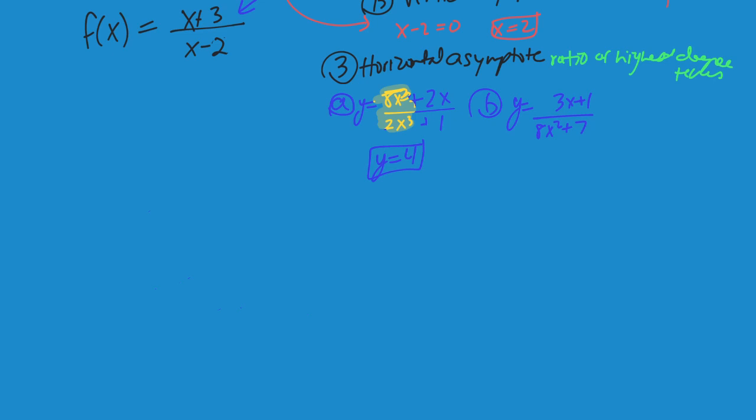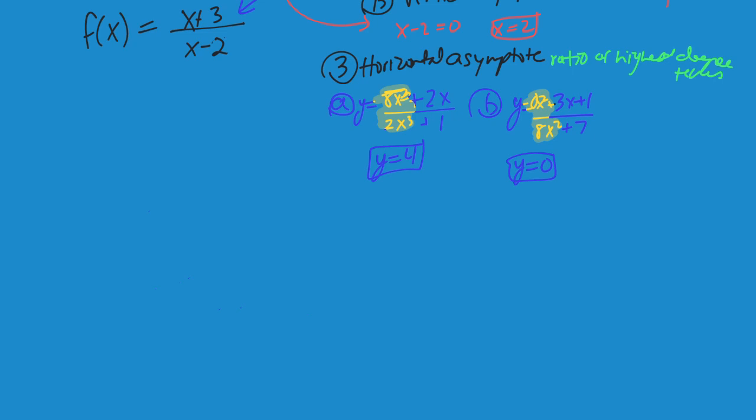So we're going to put on the numerator a 0x squared, so that it has a teammate, so you can match up the highest degree term. So if I write the ratio of the highest degree terms, you got 0x squared over 8x squared. So 0 divided by 8 is going to be 0. So if you see something like that, your ratio is going to be y is equal to 0. And y equals 0 is just going to be on the x-axis. So there'll be a dashed line on the x-axis.